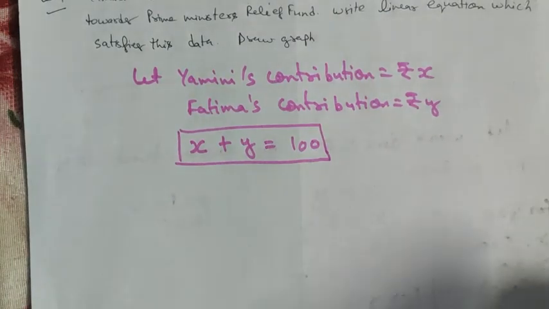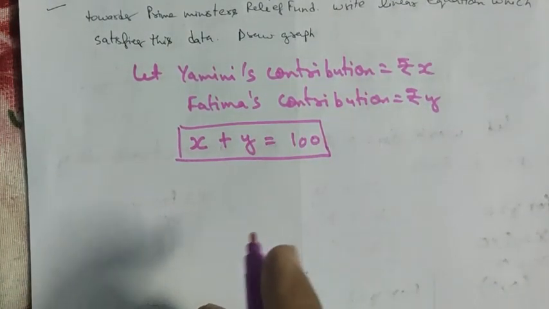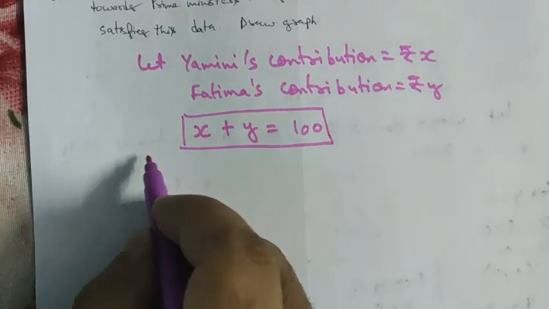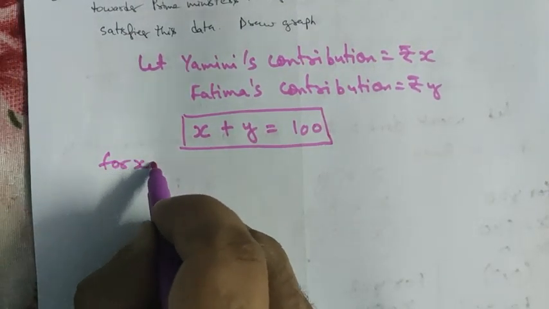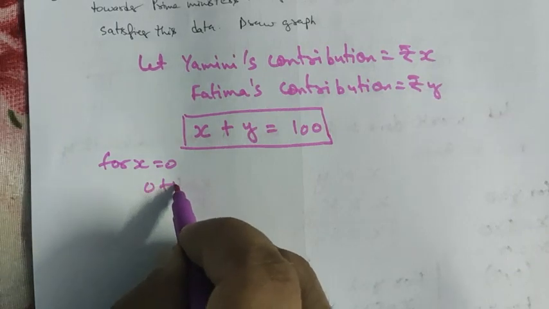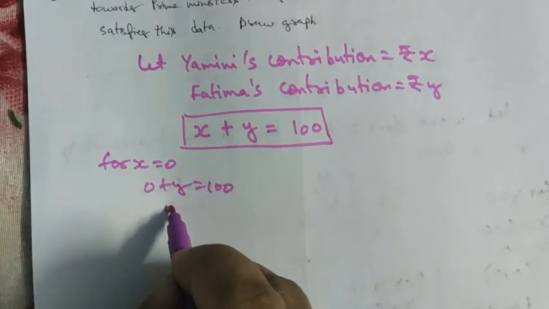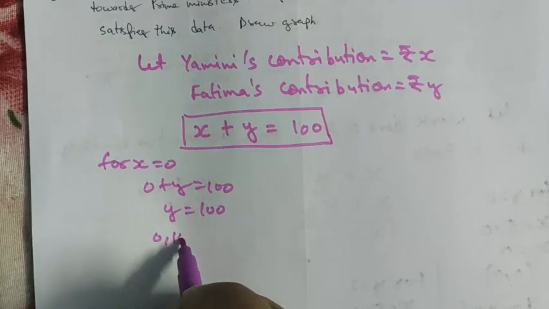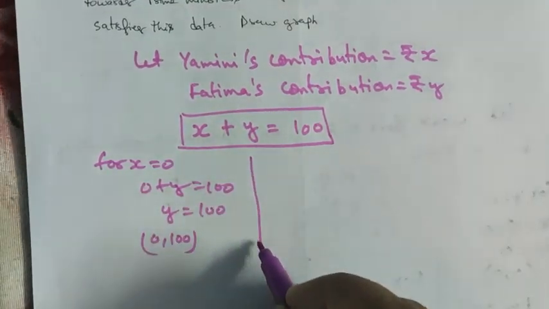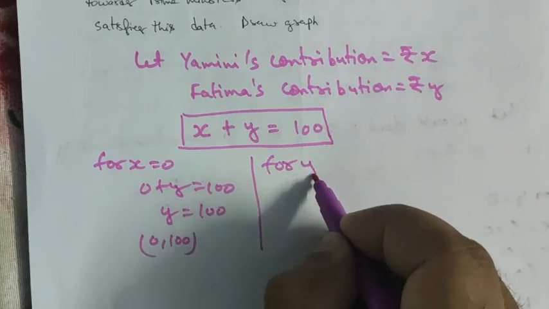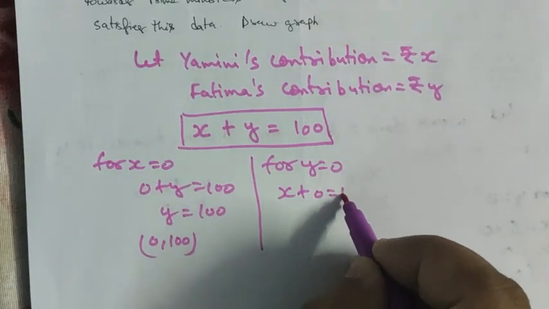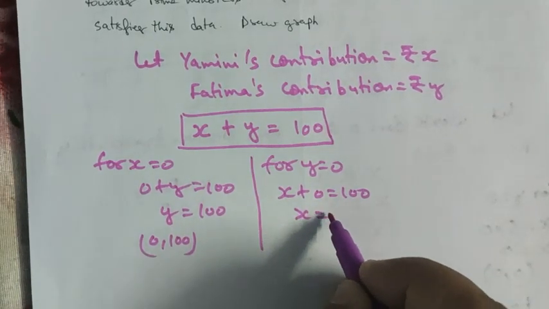Now we have to draw the graph. For drawing the graph we have to again find out the 3 solution pairs. So for x equals 0, 0 plus y equals 100, y equals 100. The first pair is what? 0, 100. Second, for y equals 0, so x plus 0 equals 100, x equals 100.